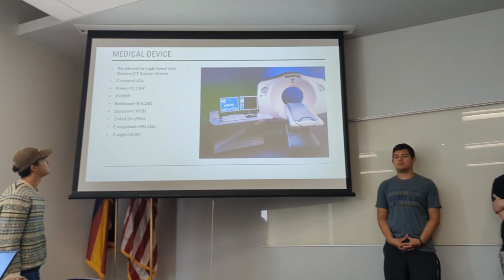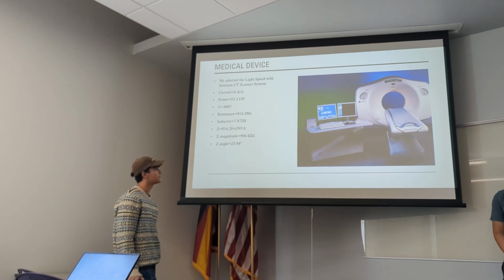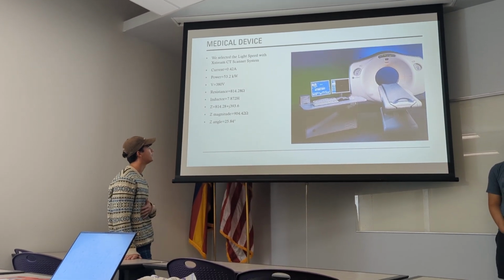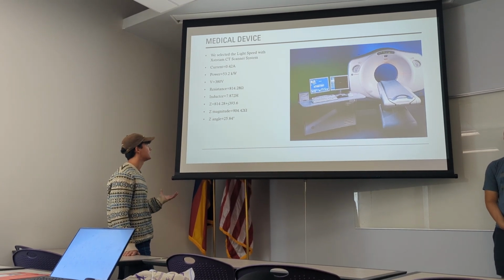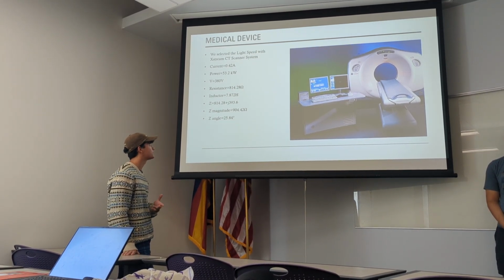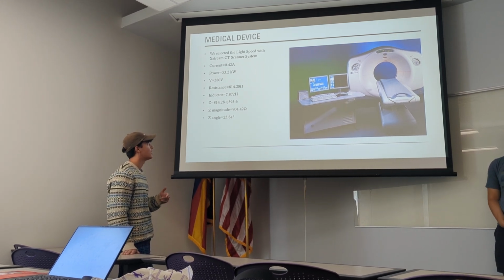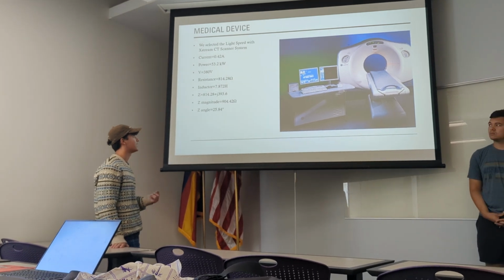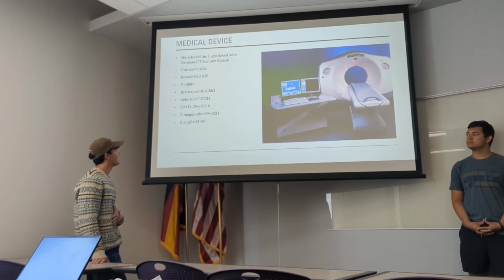Alright, so we selected the Lightspeed Xtreme CT scanner system. This system has a current of 0.42 amps with a power of 53.2 kilowatts. The voltage that it has is 380 volts with a resistance value of 814.28 ohms and an inductor value of 7.872 Henrys.